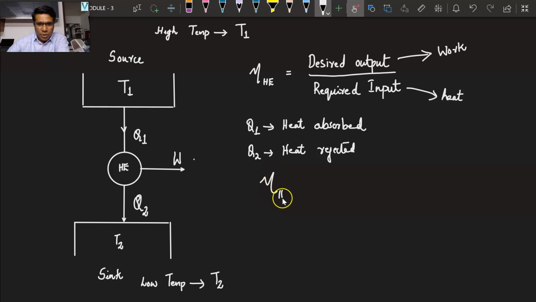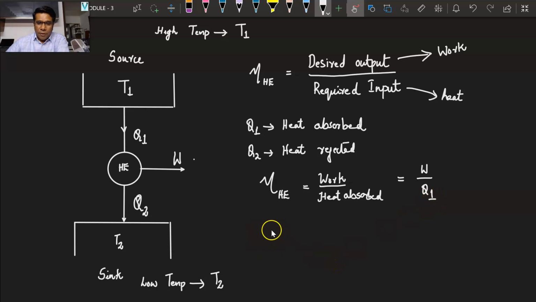Therefore, the efficiency of a heat engine is equal to the desired output, which is the work, divided by the required input, which is the heat absorbed. There is no heat rejected in the required input condition. Therefore, it is heat absorbed. So it becomes W by Q1.